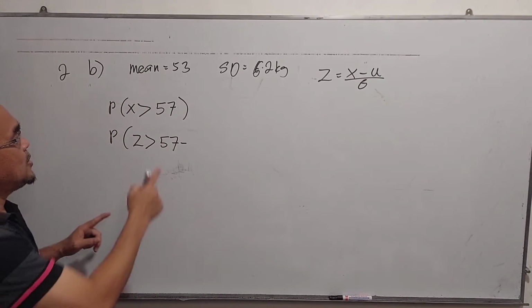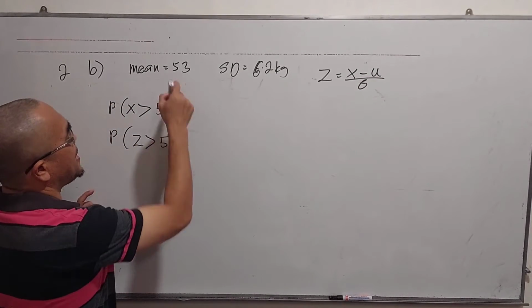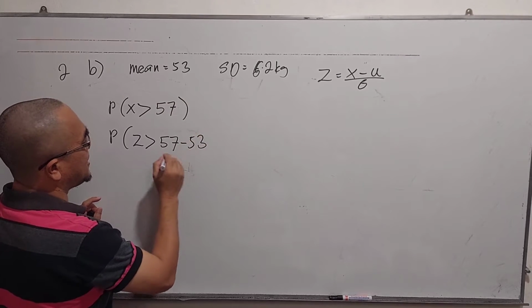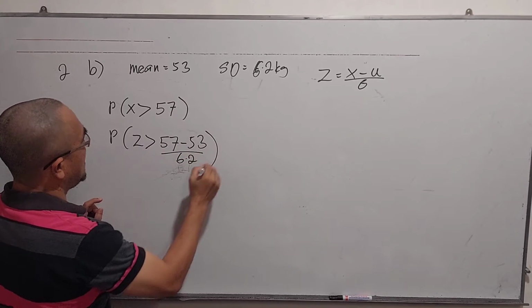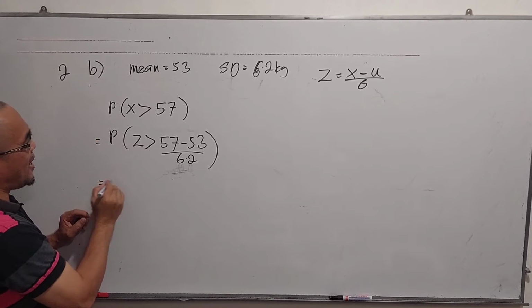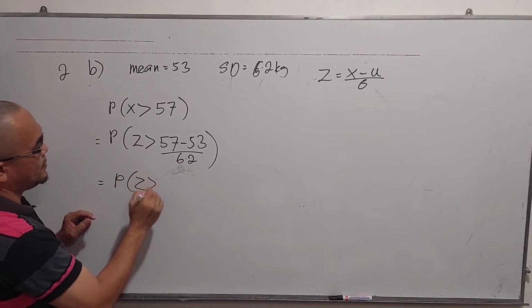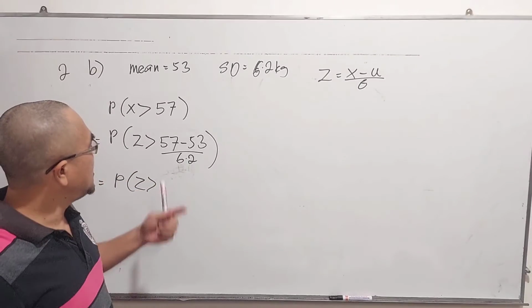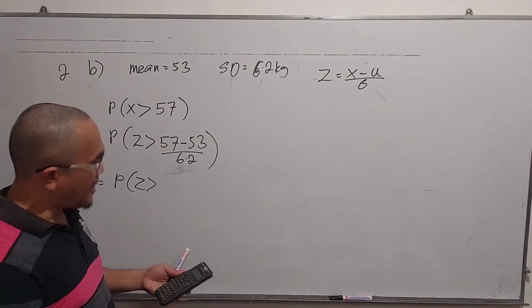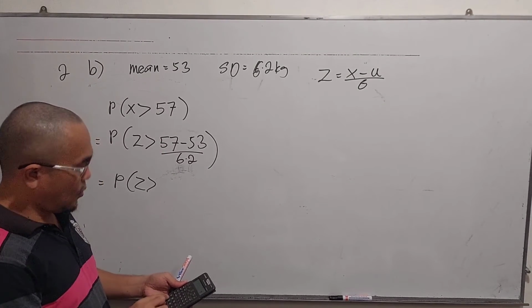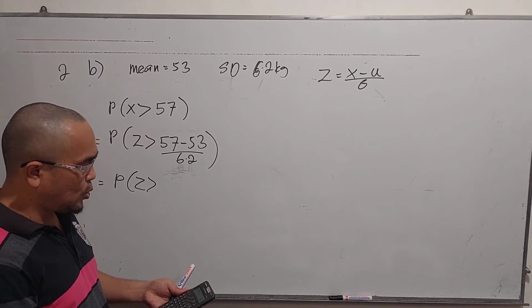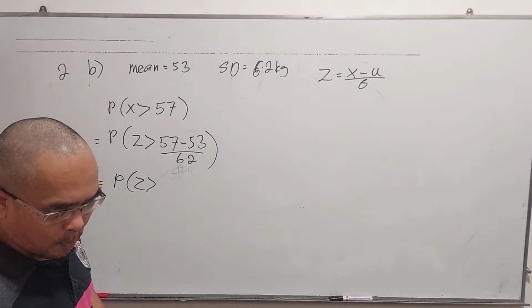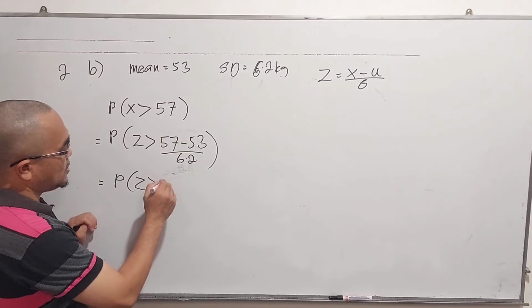So 57 minus mean over standard deviation, and then you simplify that z. So 57 minus 53 will be 4. So 4 divided by 6.2, you get 0.645.